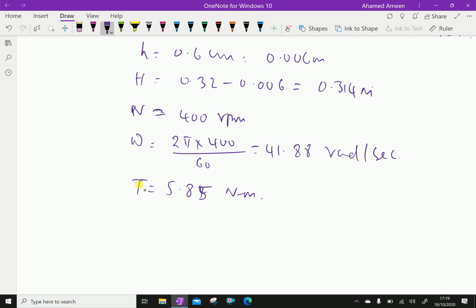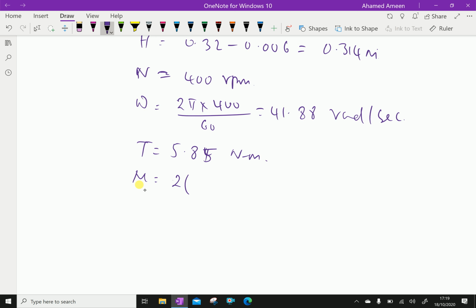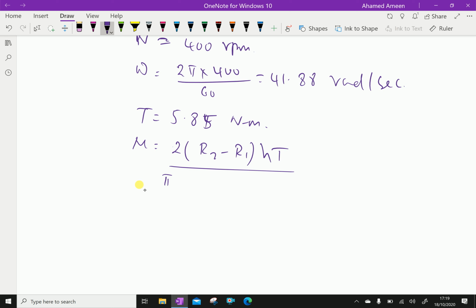Therefore mu equals 2 (R2 minus R1) h T over pi R1 squared omega (4h into H R2 plus R1 squared (R2 minus R1)).